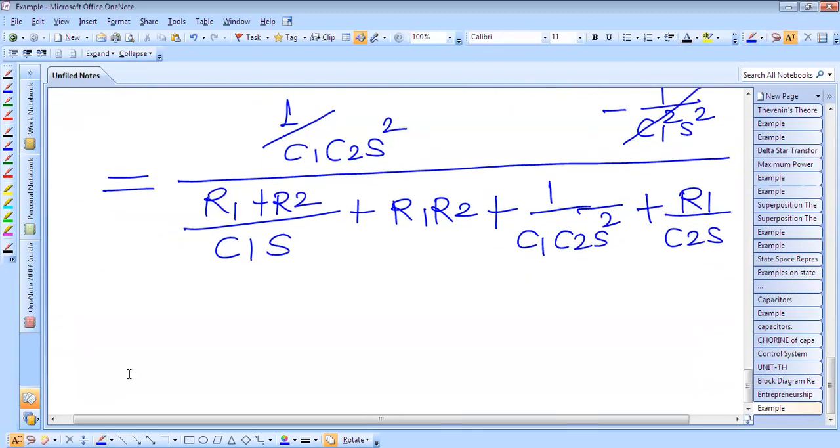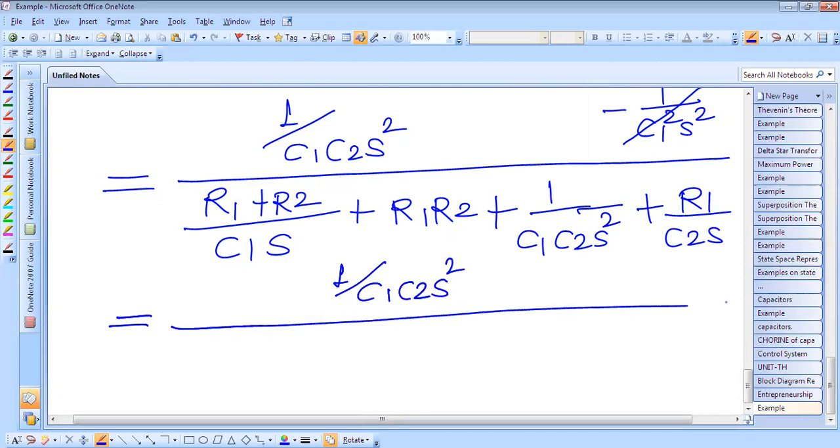Next is we will try to make the denominator terms again like this. This is C1 C2 S square.